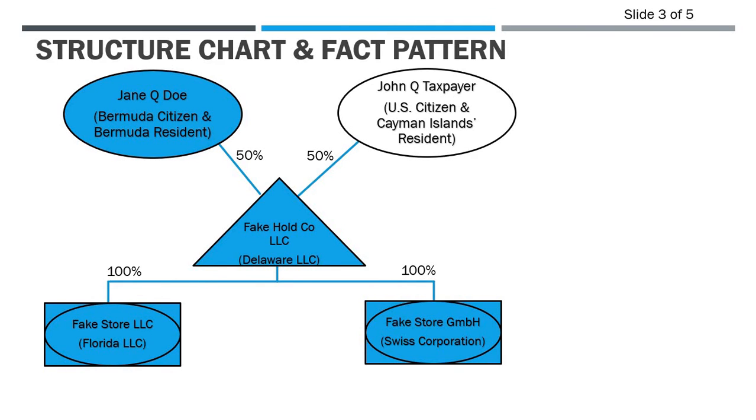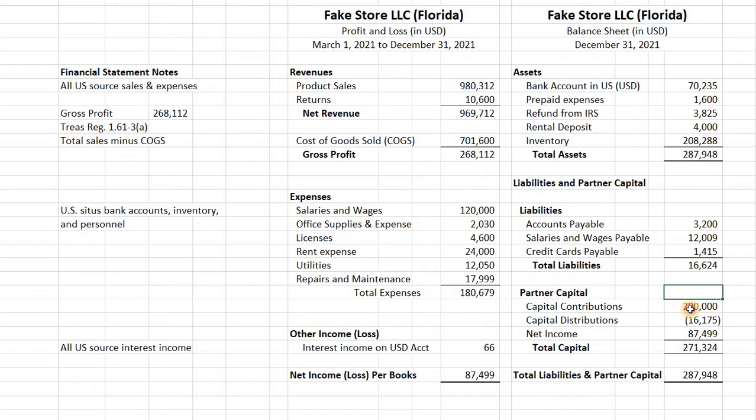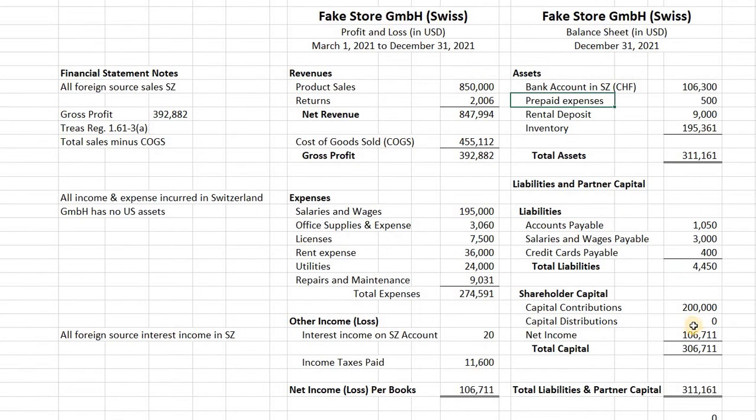So that's what we're seeing here on the capital contributions: the owners put in a little over $400,000, and then they allocated $200K to each, the fake store LLC, the Florida entity, and then we'll see when we look at the Swiss entity, we also have the $200,000 in share capital.